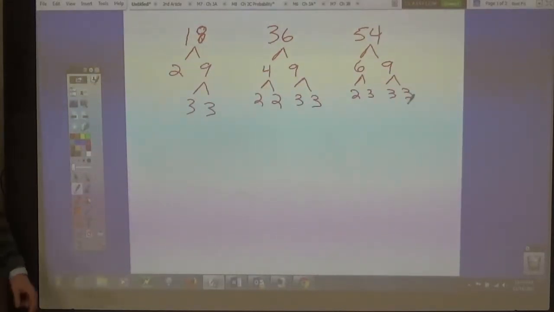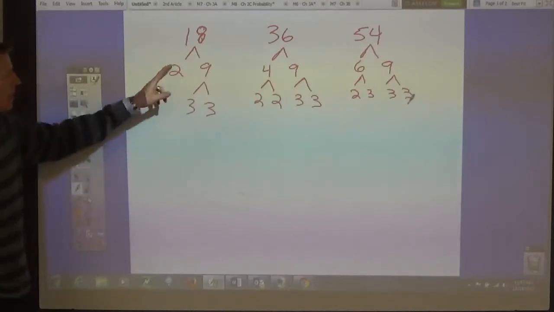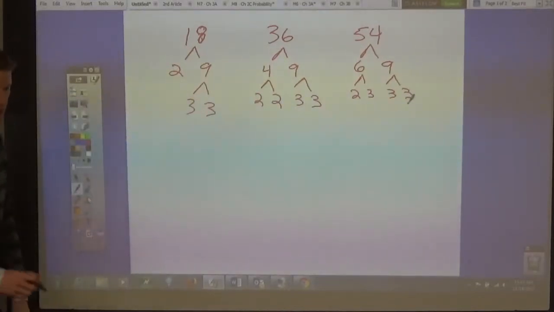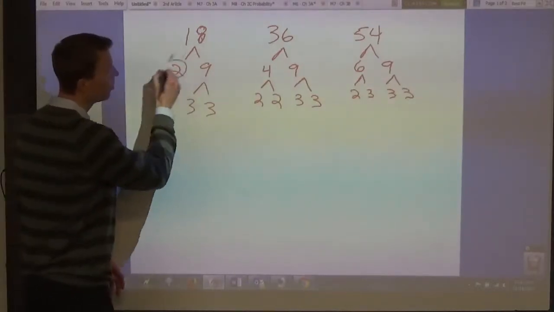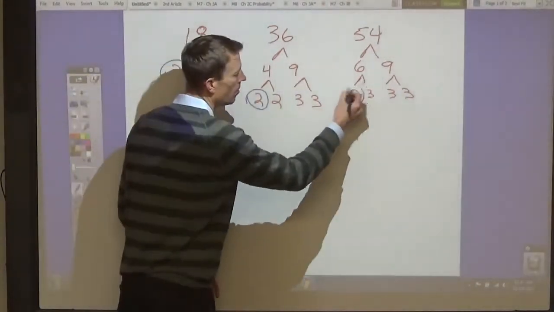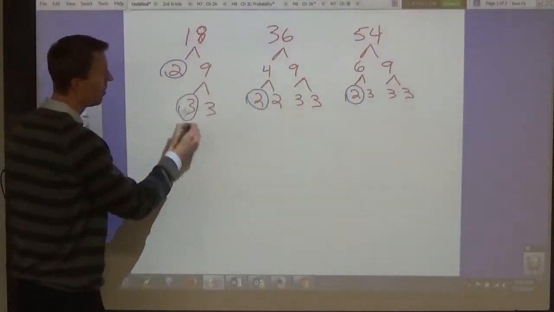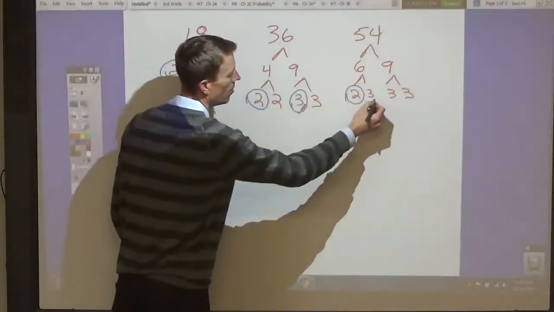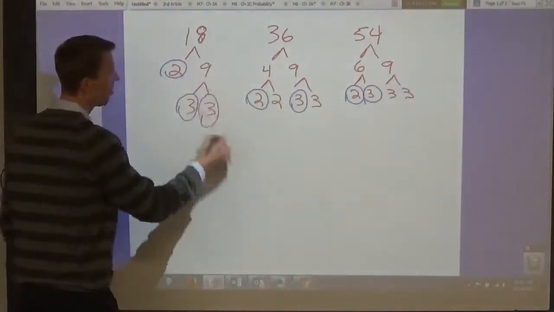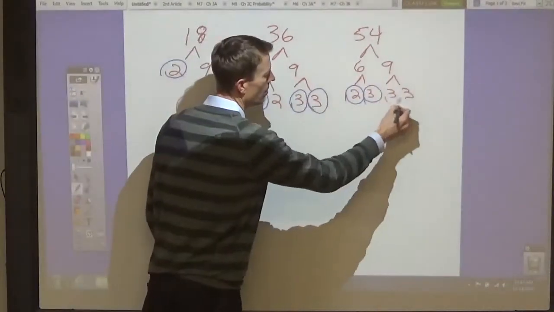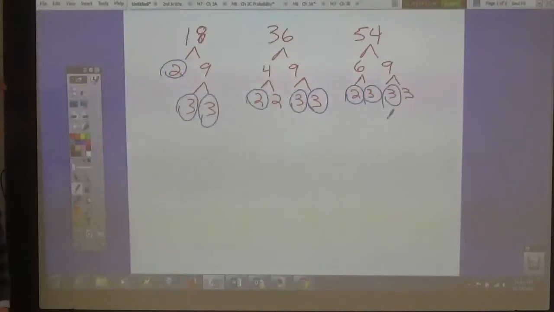So now, step 2 is to circle the common factors. They have to be in all of the numbers. So, there's a 2 in all of them. There's 1 3 in all of them. And there's another 3 in all of them. Okay?